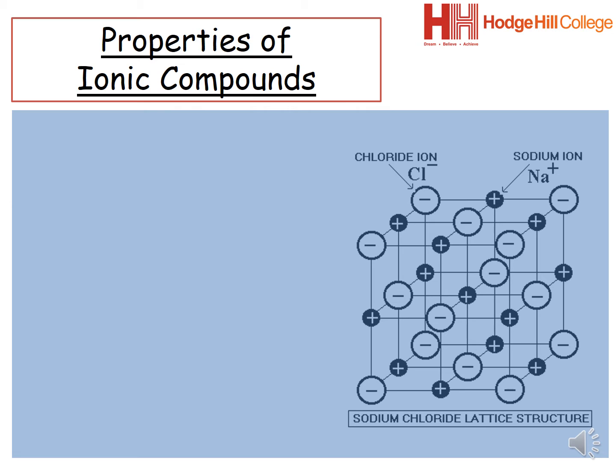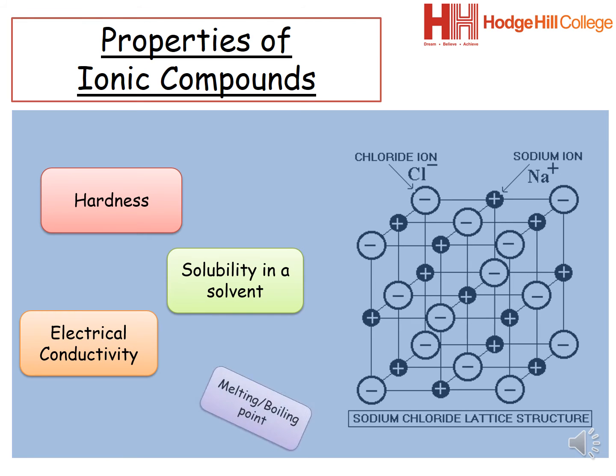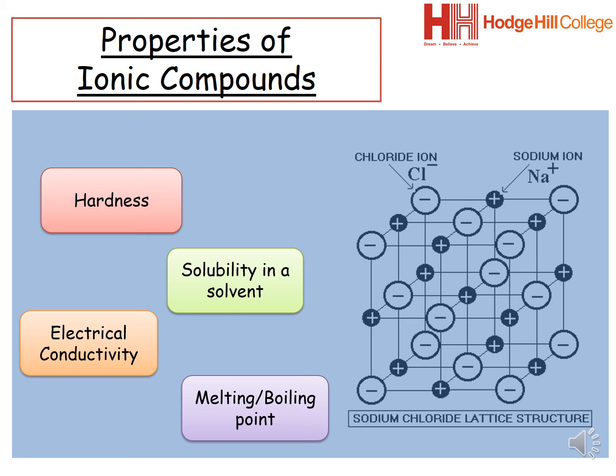Physical properties can include any of the following. They can include hardness, solubility in a solvent. In this case, we're going to be focusing on solubility in water, electrical conductivity, and also melting or boiling point.